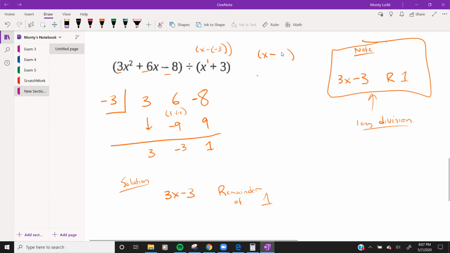I'm going to keep a c. So c in this case is negative 3. Then you set it up in descending order, similar to long division. So that is how you do those types of problems. There are 2 options: either synthetic division or polynomial long division.